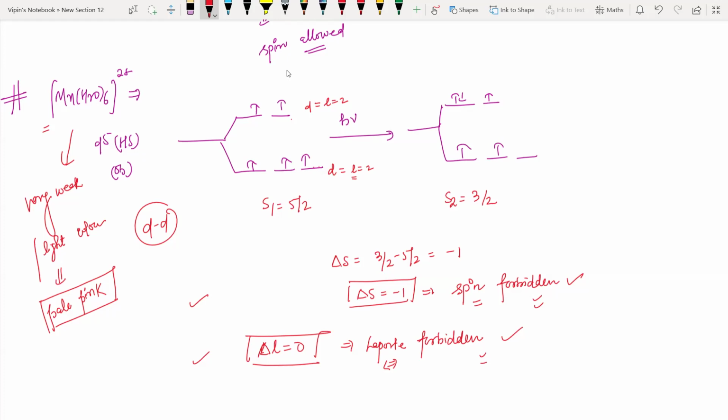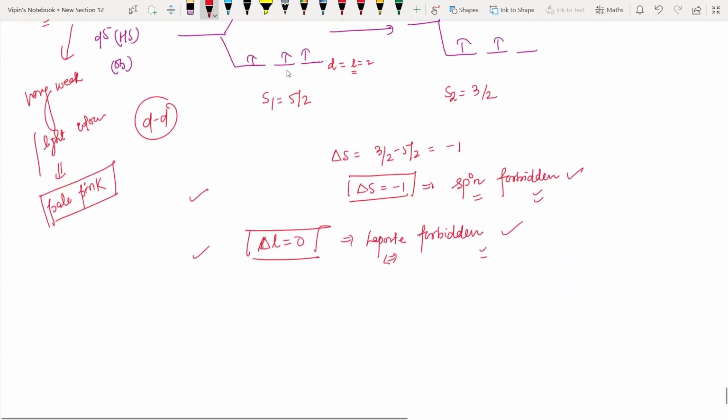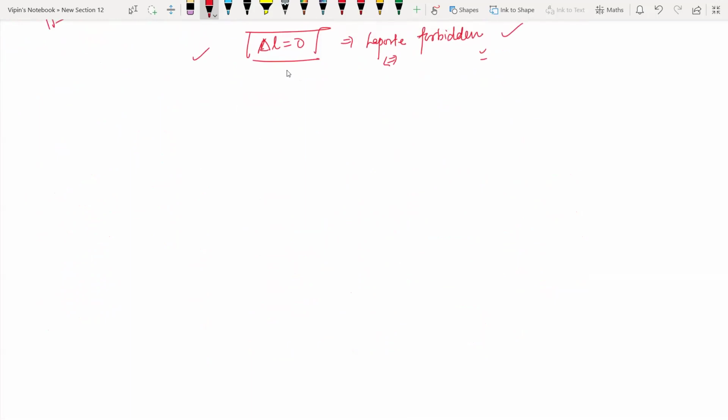Relaxation leads to a very small amount of electronic transition, hence a very small amount of absorption of light, hence a very weak or light color. So the weak or light color in many complexes which do not obey both selection rules is because of relaxation in the Laporte selection rule as well as the spin selection rule.